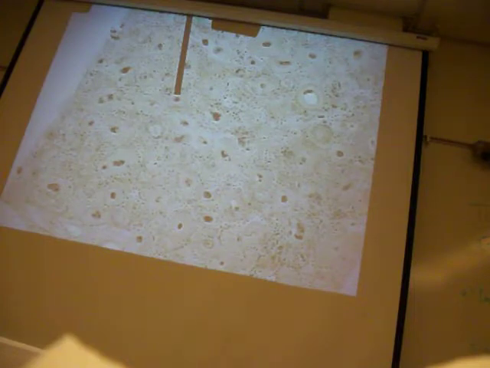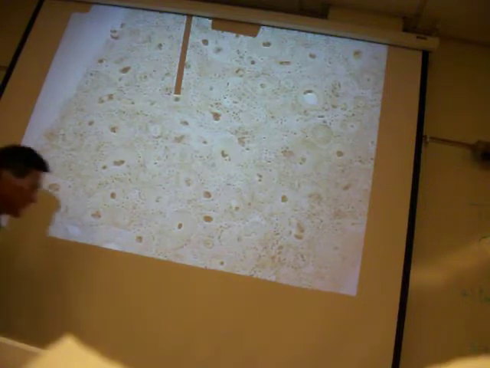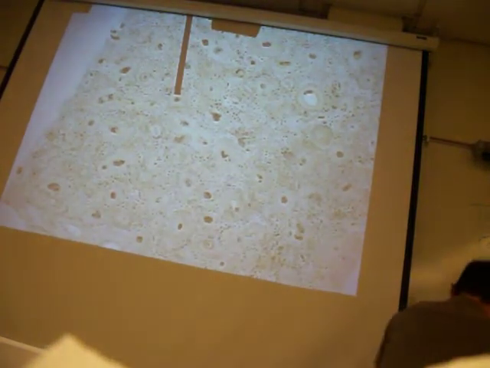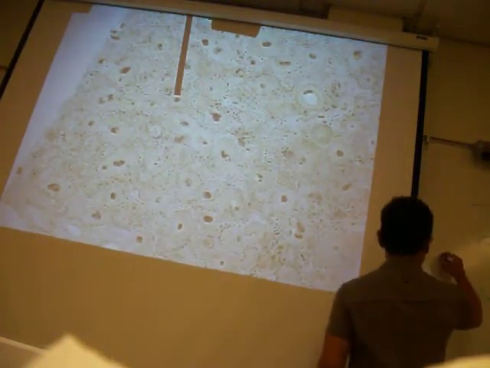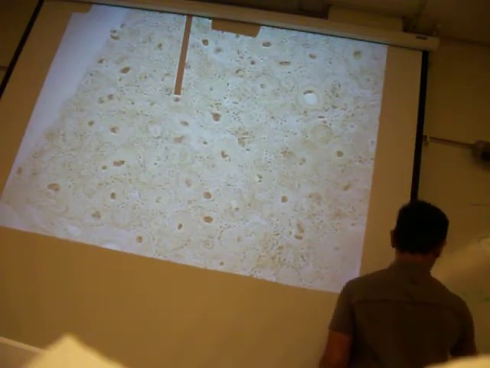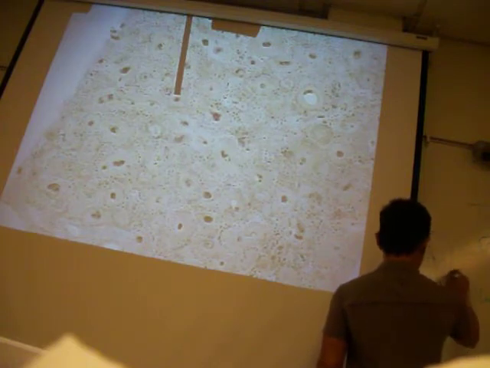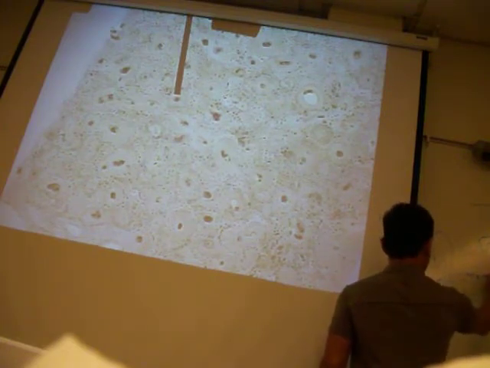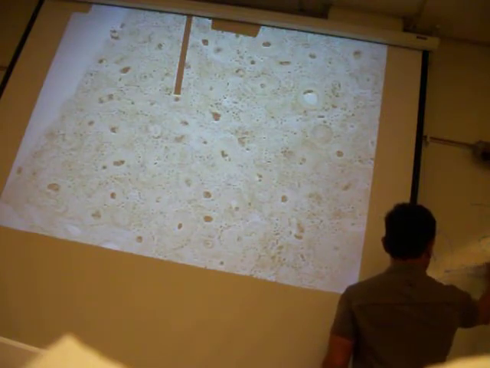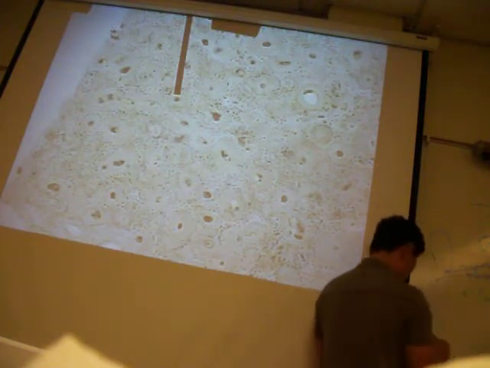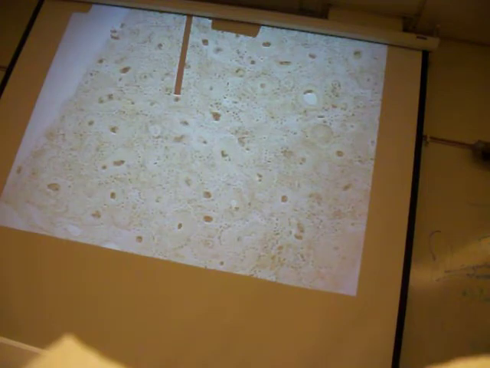So for example, if we take this bone right here, here's the marrow. This is what's referred to as compact bone. What you're looking at is a cross section right through here.